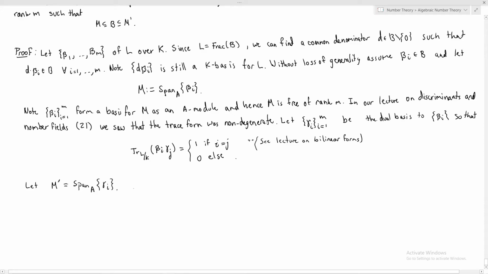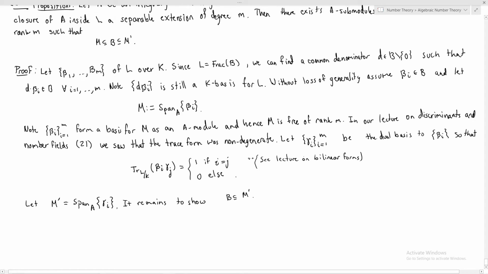Again, this is a free A module of rank m, and it remains to show that B is contained in M prime. Clearly M is contained in B, since each beta sub i is contained in B, and B is an A module.